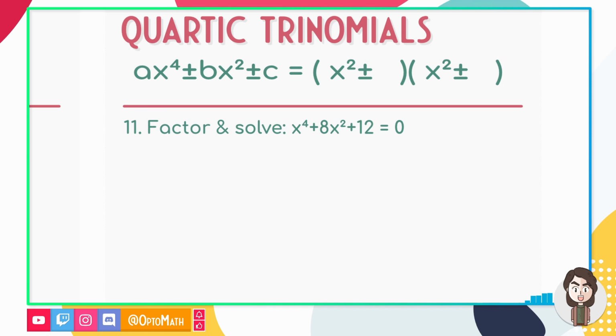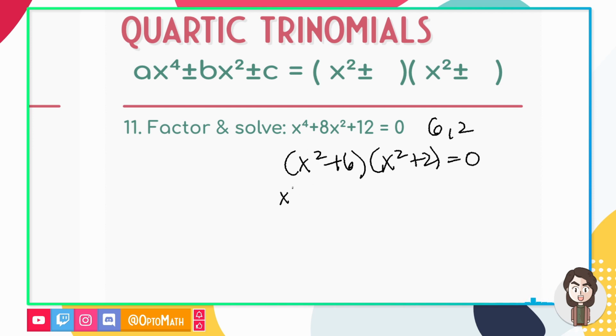Number 11. So a equals 1, so we're still just finding factors of 12 that add to 8. And those will be 6 and 2, so it's just x squared plus 6 times x squared plus 2. Those are our factors. To solve, you're not just going to swap the sign like you do for quadratic trinomials. You'll be taking some square roots here.